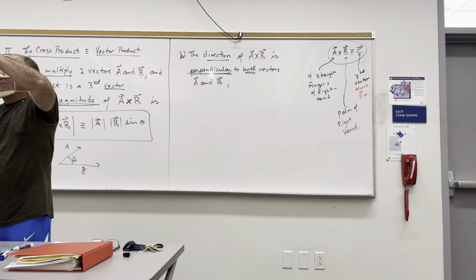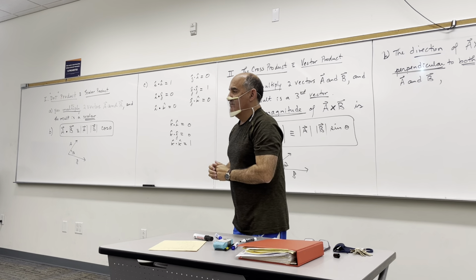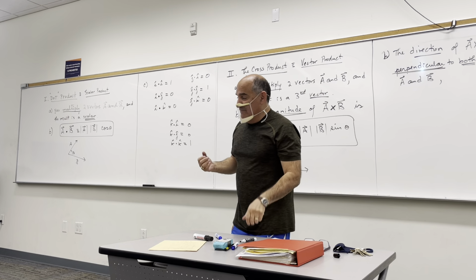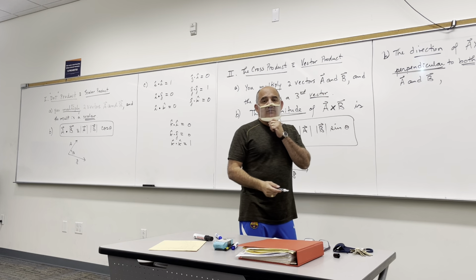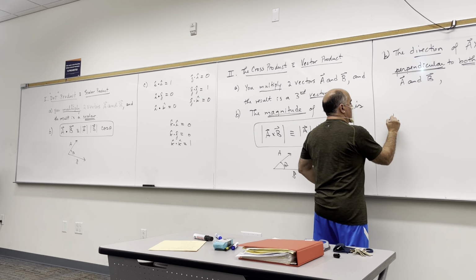Four fingers, first vector, palm, second vector, thumb. Answer: the cross product. And there are many cross product equations that we are going to write down. In fact, today I'm going to write down this.